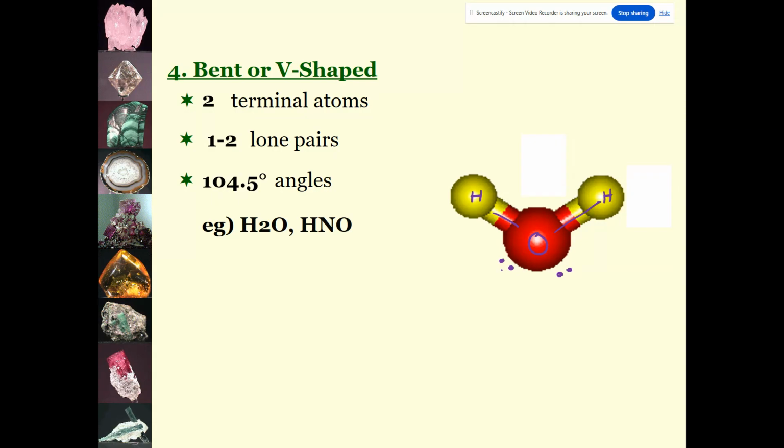These lone pairs are pushing the bonds away from each other so that it can't be a linear shape like another molecule with this central atom that has 2 terminal atoms, but the lone pairs, whether there's 1 or 2, bends those bonds in. So if this is how you drew water for your structural diagram, that would be fine for the structural diagram, but for the shape diagram, you need to show that it's bent, okay?